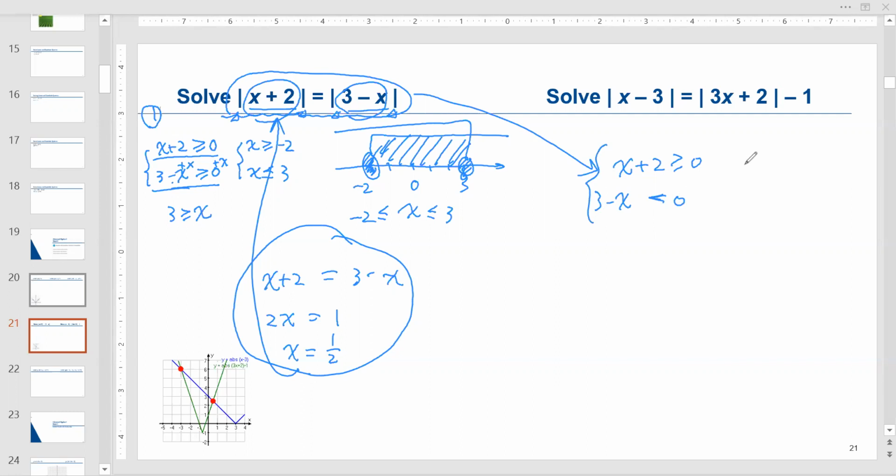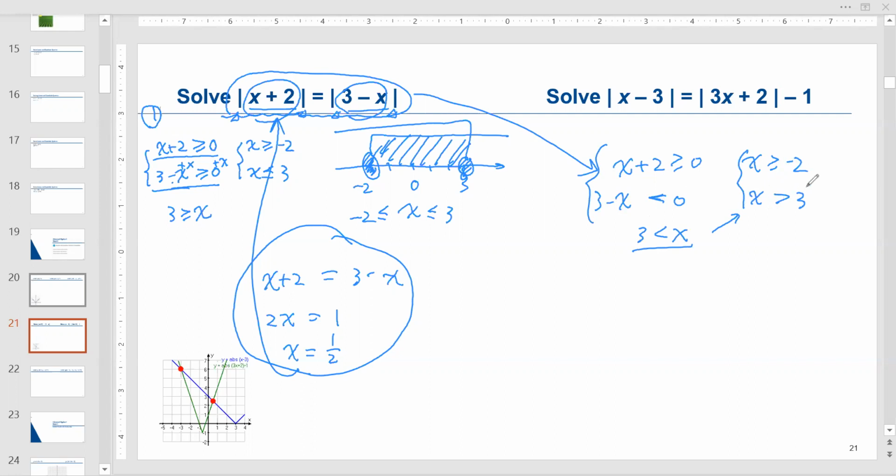This means x is greater than or equal to -2 and x greater than 3, right? Move x to the right, here it becomes 3, and rewrite: x is greater than 3, right?